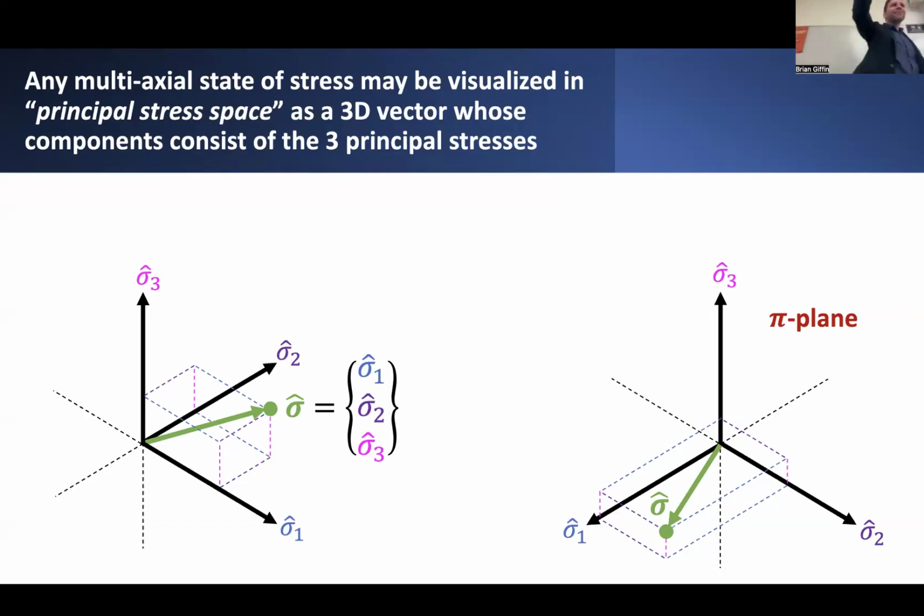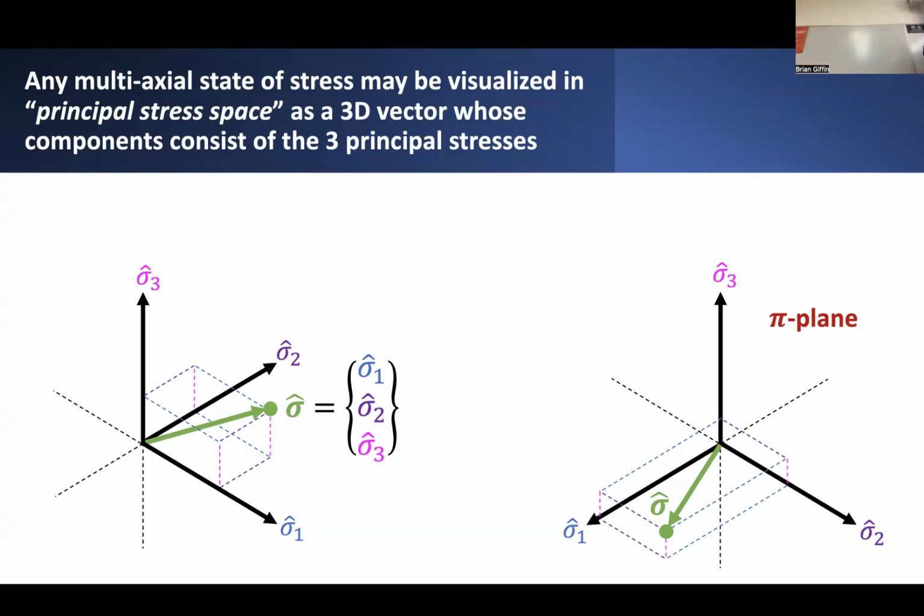And if I like, I can take an interesting visualization-based approach to representing these states of stress by supposing I can arrange those 3 principal stresses into the format of a vector. And in doing so, I can represent any state of stress expressed through the principal stresses in this so-called principal stress space. It's analogous to a three-dimensional physical space, as you might interpret the space that we live in day to day.